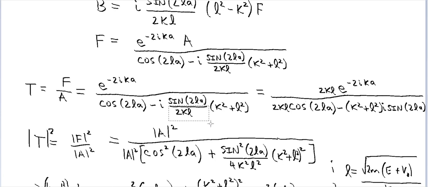We could multiply top and bottom by 2KL and get that T is equal to 2KL times e to the minus 2iKA divided by 2KL cosine of 2LA minus quantity K squared plus L squared end quantity times i sine 2LA.